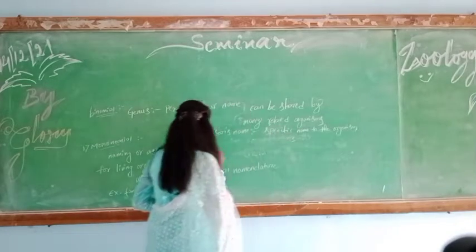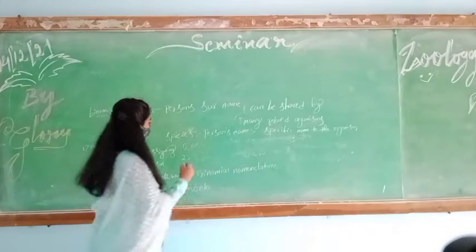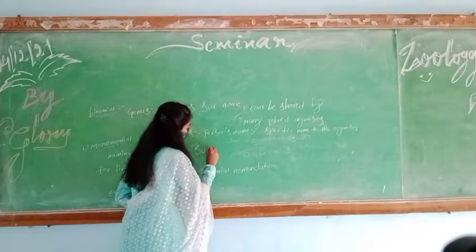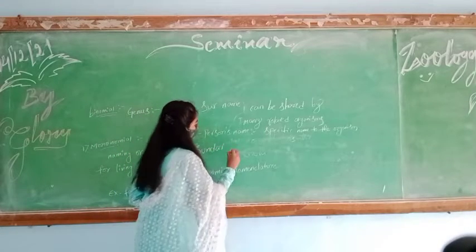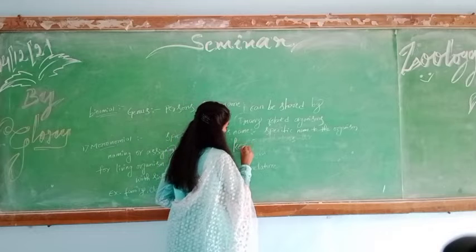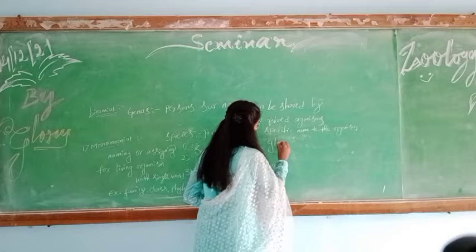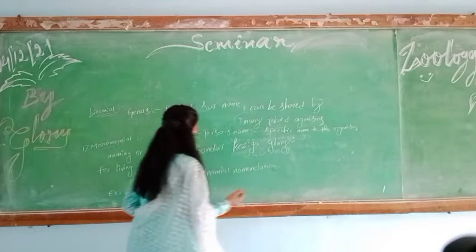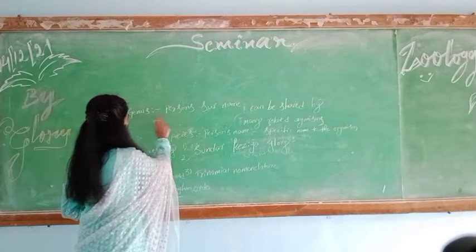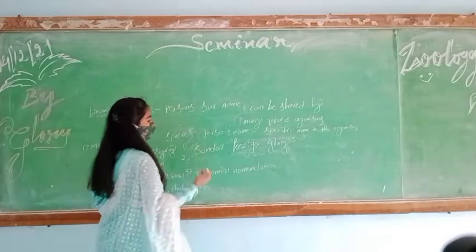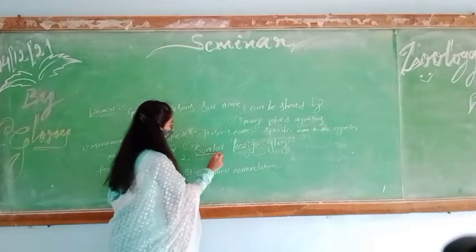My name is Sundar Kezia Glory. Genus means the person's surname. Here my surname is Sundar.